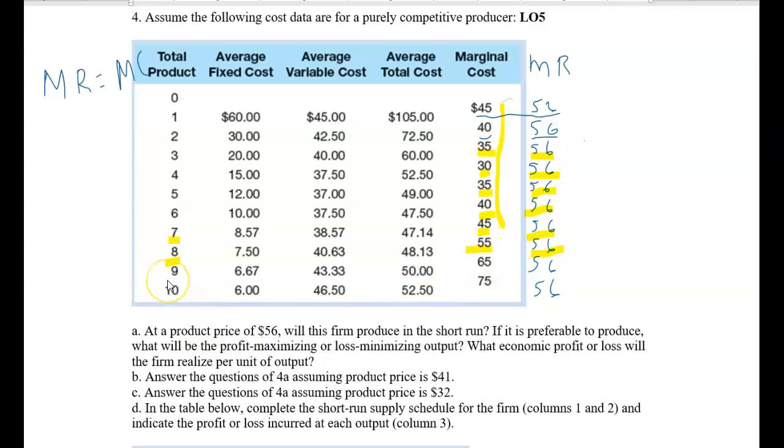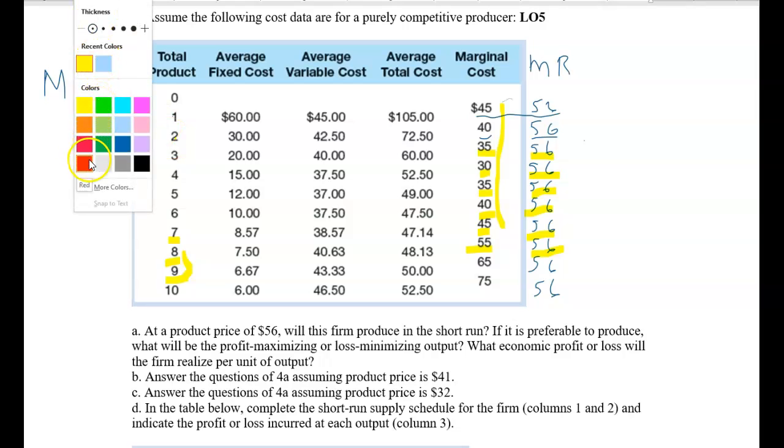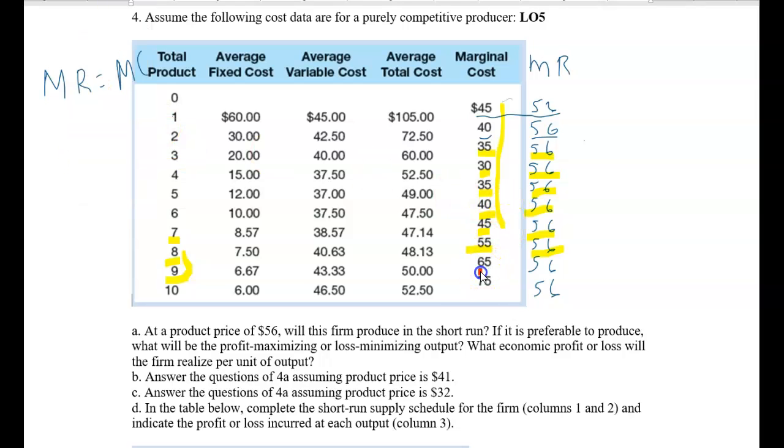Now, if we go to 9 units of output, look what happens. As we go from 8 to 9 units, our marginal cost is now $65. That's much higher than our marginal revenue. Okay, so we will not produce the 9th unit in this example.